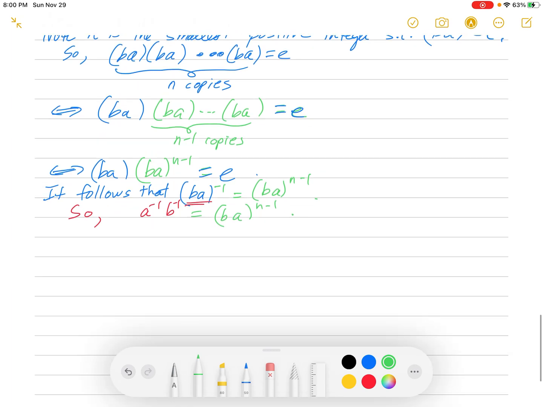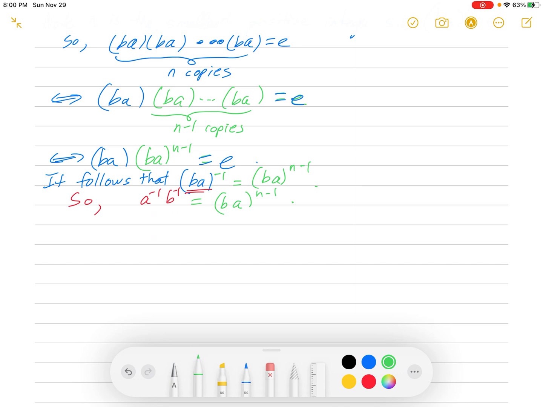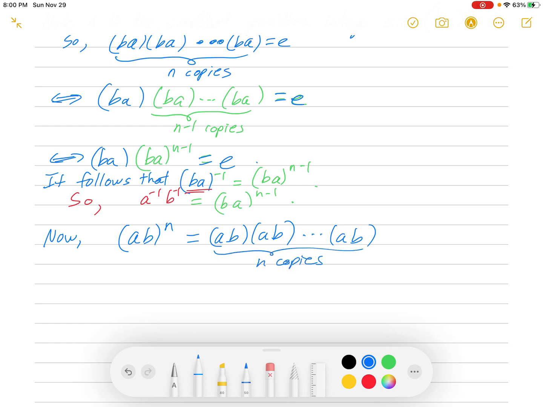Okay. So now I'm going to look at AB to the n power. I'm going to take AB, raise it to the n power. That means AB a bunch of times, n copies here.